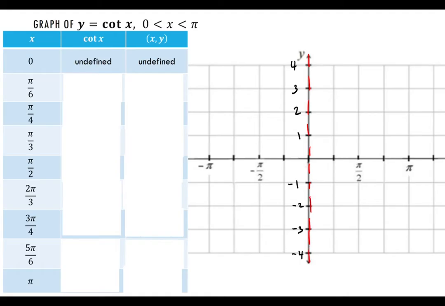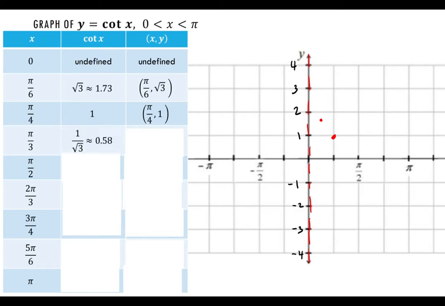Then, cotangent of pi sixths, well, that's going to give me root 3. And so then, at pi sixths, I'm about right here. Then, cotangent of pi fourths is going to give me 1, so I get this ordered pair.